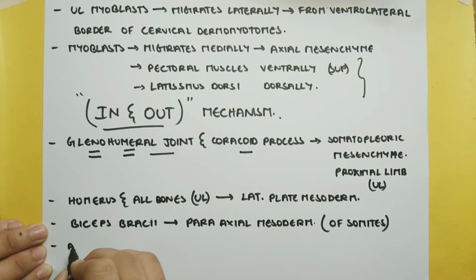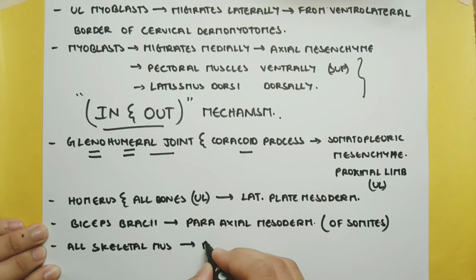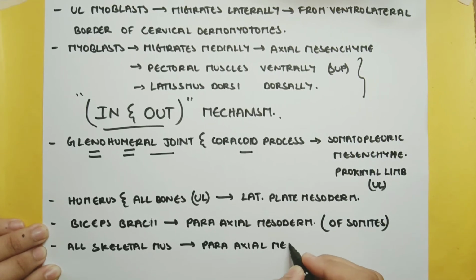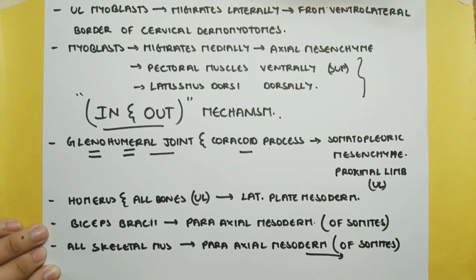And all the skeletal muscles of the upper limb are also derived from paraxial mesoderm. All the paraxial mesoderms are derived from somites.